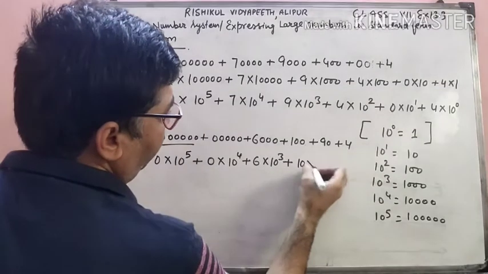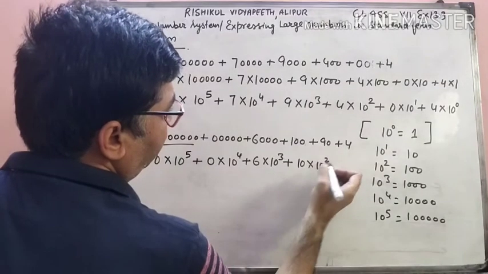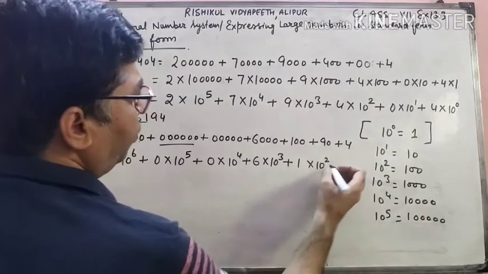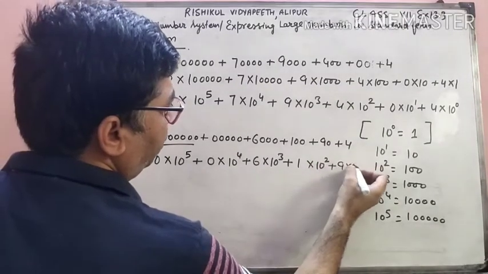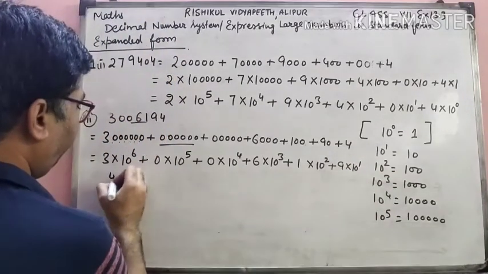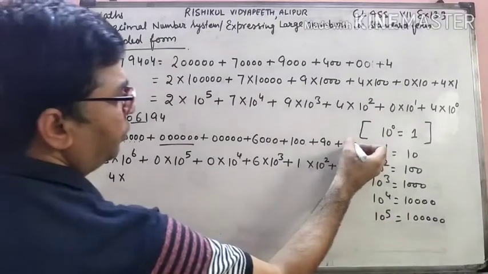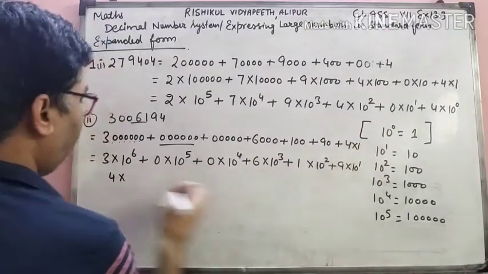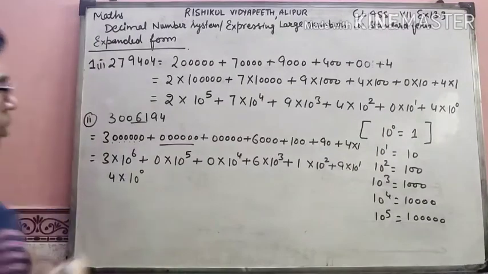It can be written as 0 into 10 raised to power 2, 1 into 10 raised to power 2, 9 into 10 raised to power 1, and 4 into 10 raised to power 0.